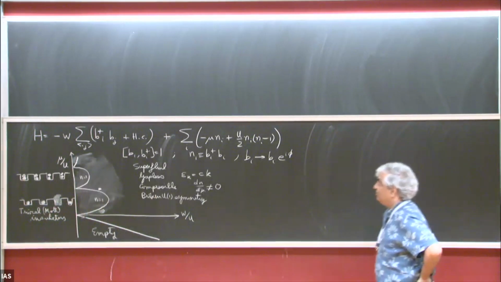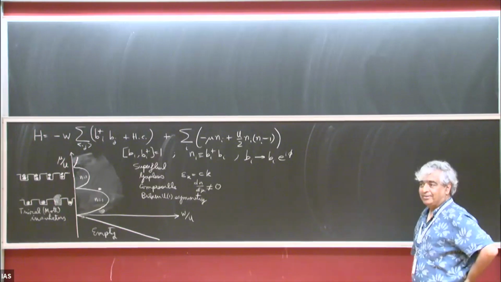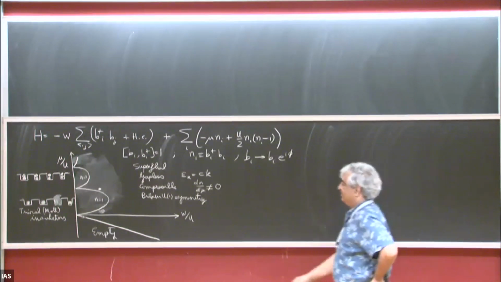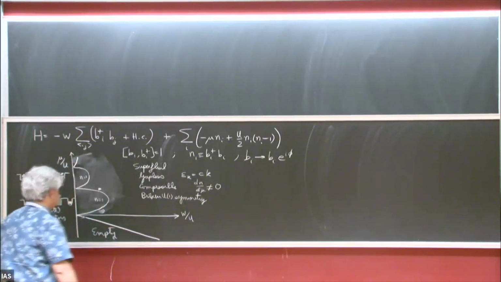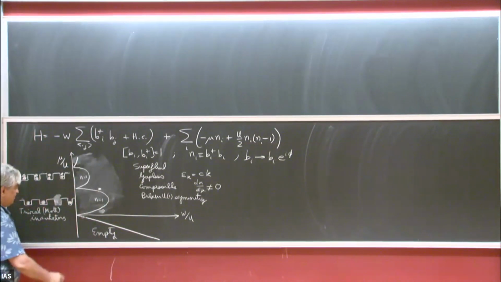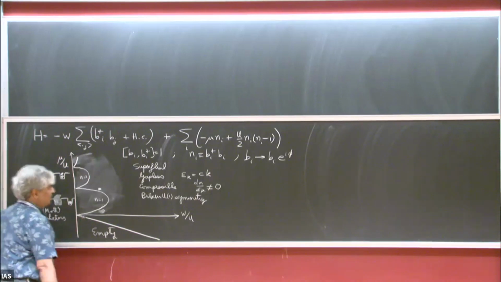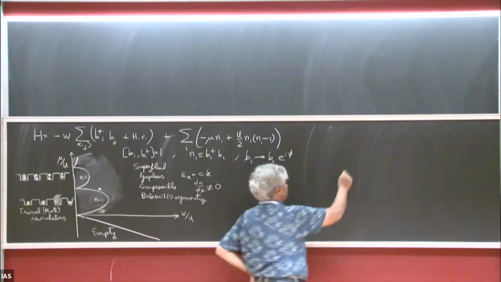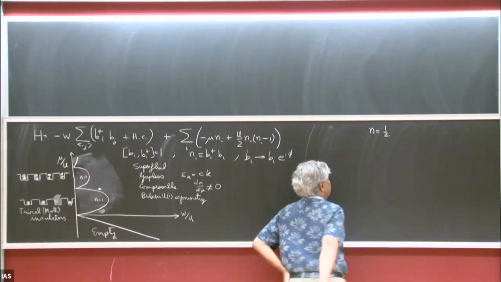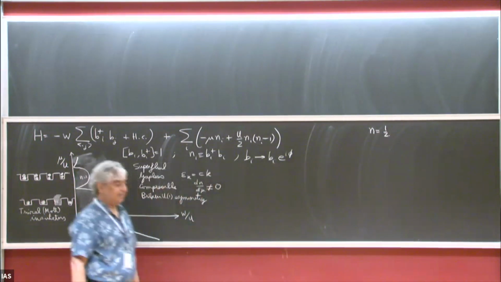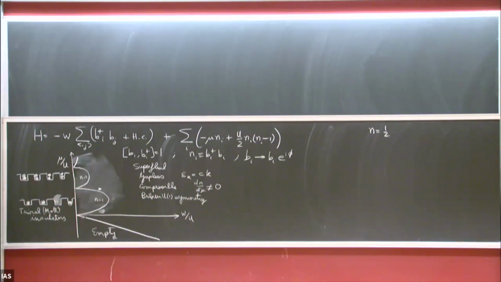Okay, so before leaving the Bose-Hubbard model and going on to the electron-Hubbard model, I want to say a few more things, and especially want to focus on this case here, where the density is 1/2. So suppose we're looking at the system with density 1/2. Somehow you arrange things so that exactly half the sites are occupied.